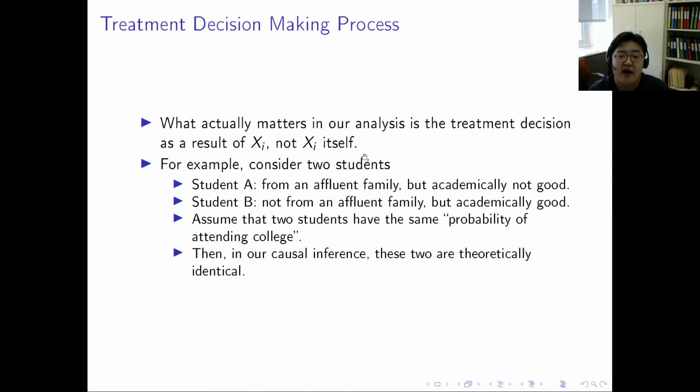So again, what we are interested in is not their family income, but their probability of treatment decision, right? So then you can balance out across X, right? You don't need to have identical variables in X, but overall, if the probabilities are the same, theoretically, they play the same role.